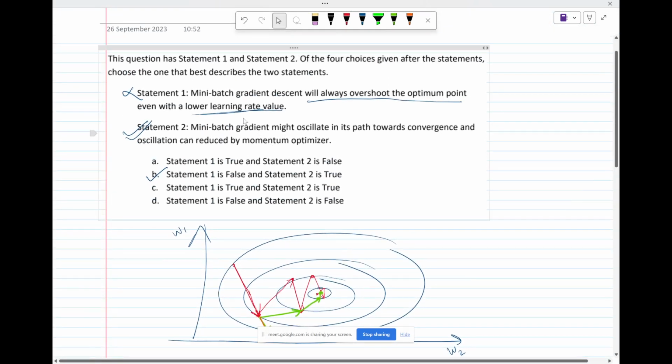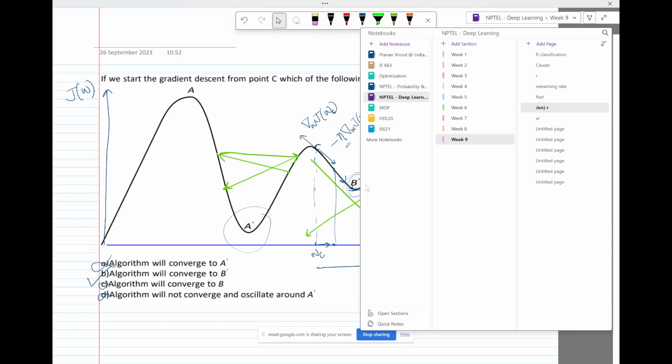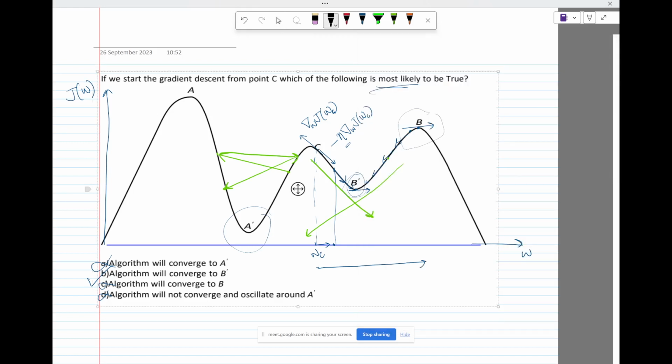So what we had to know here was, there are two statements here. One is talking about overshooting the optimum point when the learning rate is low. So I think we have seen in this example, if my learning rate is small, then I'll keep taking small steps, and I'll reach my local optima.